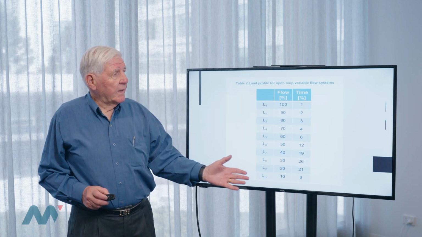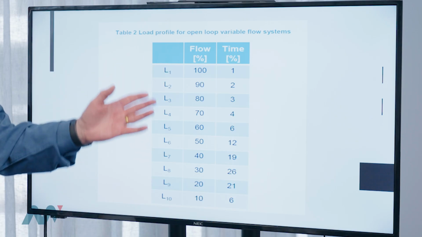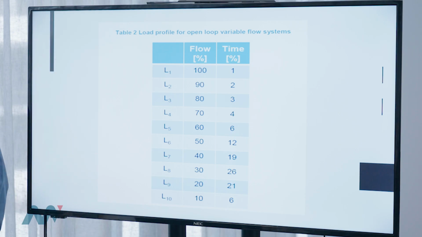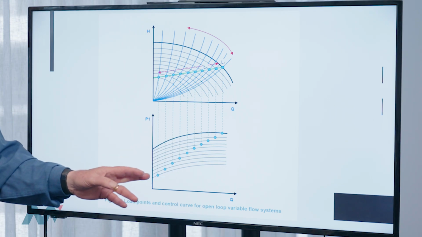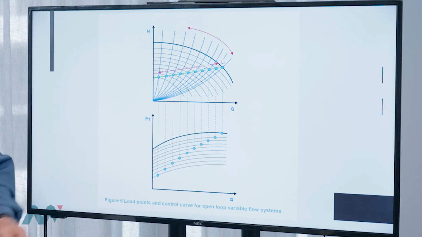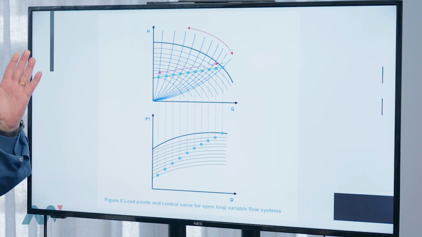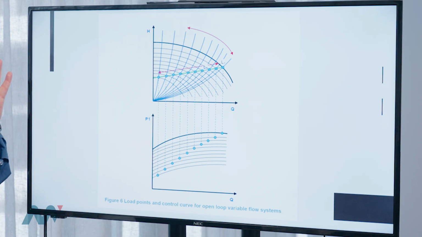Here's a more complicated load profile, and you can see there's a much greater variation in demand. And you can look then at the system curves, and you can see that for those variations, variable speed is a much better way to go, with less nasty effects that you're going to get on the pump side if you've got a fixed speed.